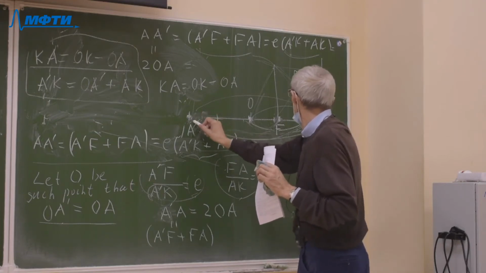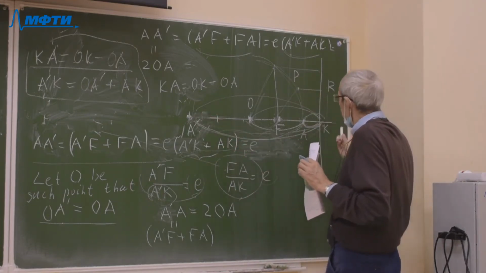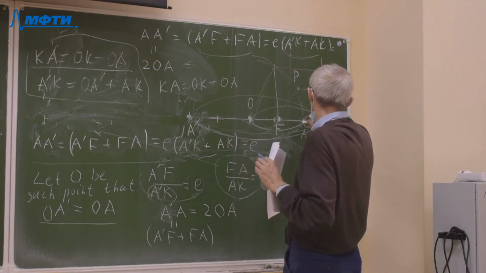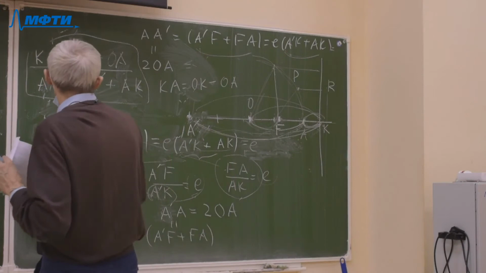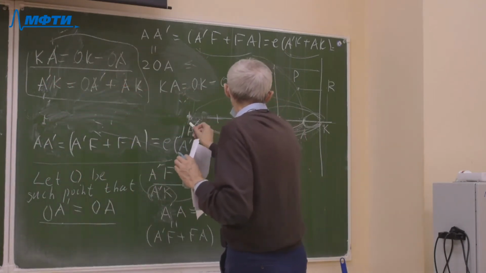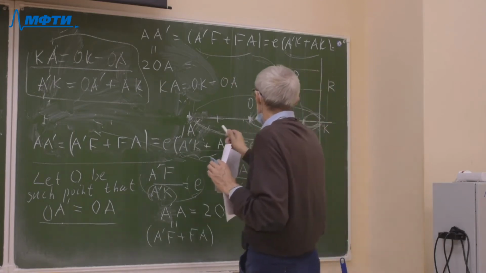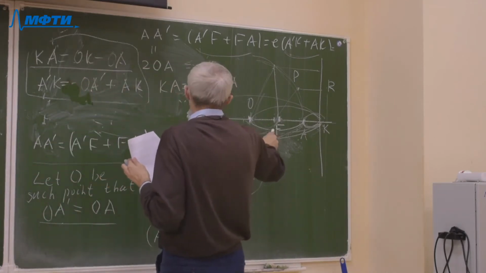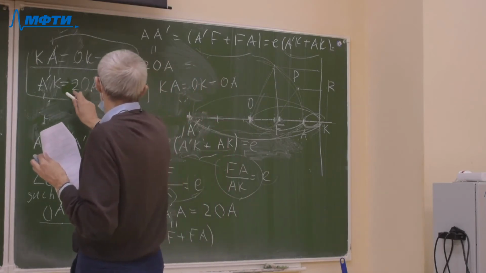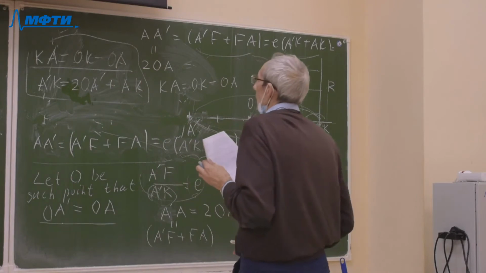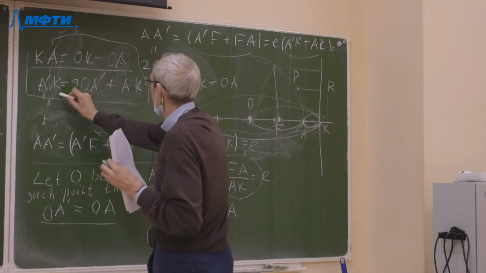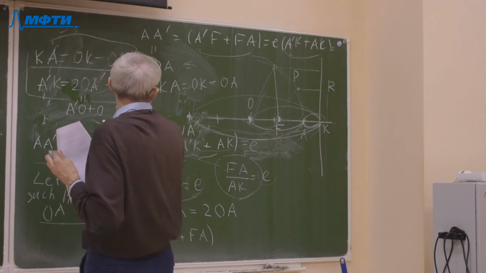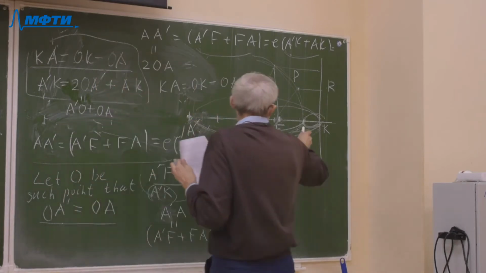A prime K is easy to see. A prime K is equal to A prime O plus OA and plus AK.